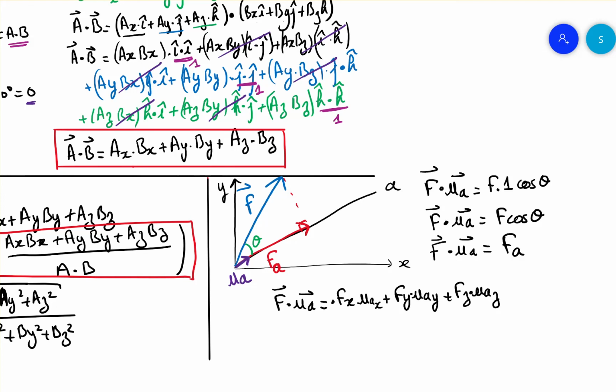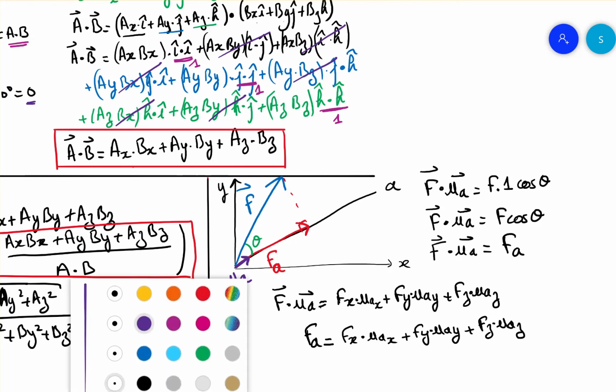So finally, we can find FA using the Cartesian notation form of the force F and the unit vector UA. So FA equals Fx UAx plus Fy UAy plus Fz UAz. So we multiply them together. One more formula that we will use.